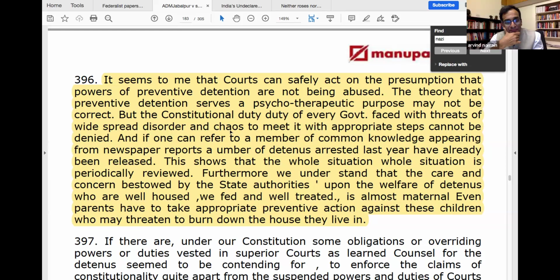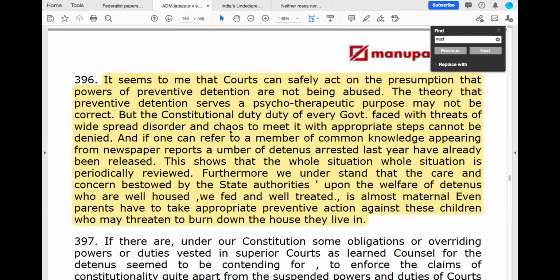Please go on. It seems to me that courts can safely act on the presumption that powers of preventive detention are not being abused. The theory that preventive detention serves a psychotherapeutic purpose may not be correct, but the constitutional duty of every government faced with threats of widespread disorder and chaos to meet it with appropriate steps cannot be denied.